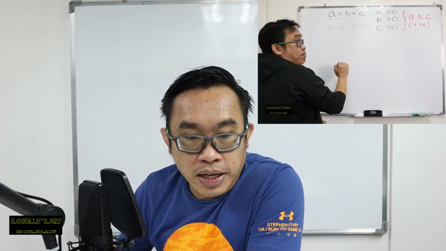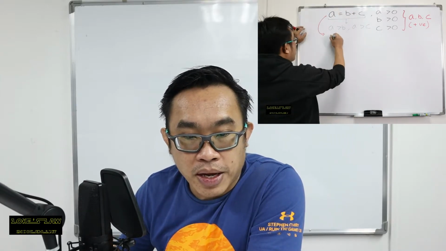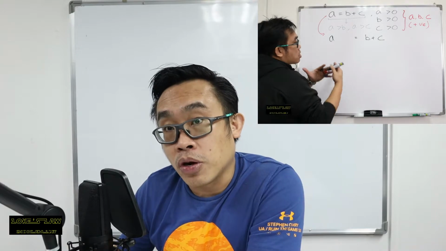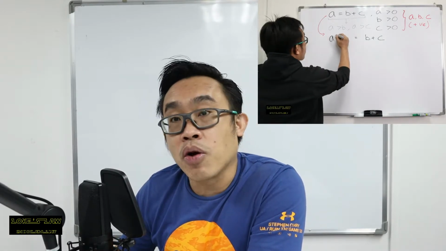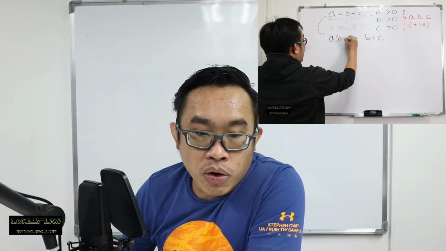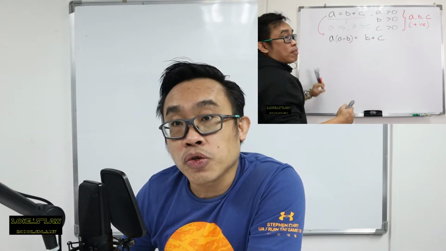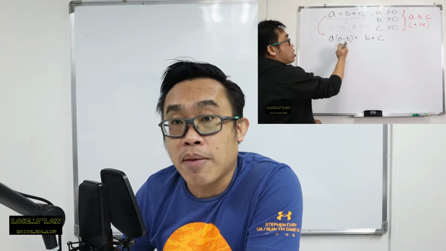So let's go back to my video and go straight to the working. A equals B plus C, there's nothing wrong. Then I add the same bracket, A minus B, to both sides.